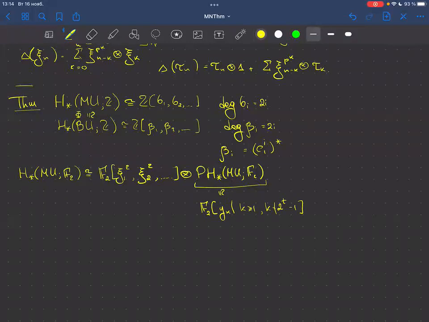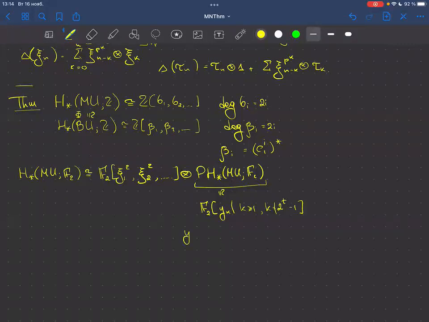Coaction here is given by the coaction on the first factor, and the second factor consists of primitive elements, namely the coaction on these guys looks like this.